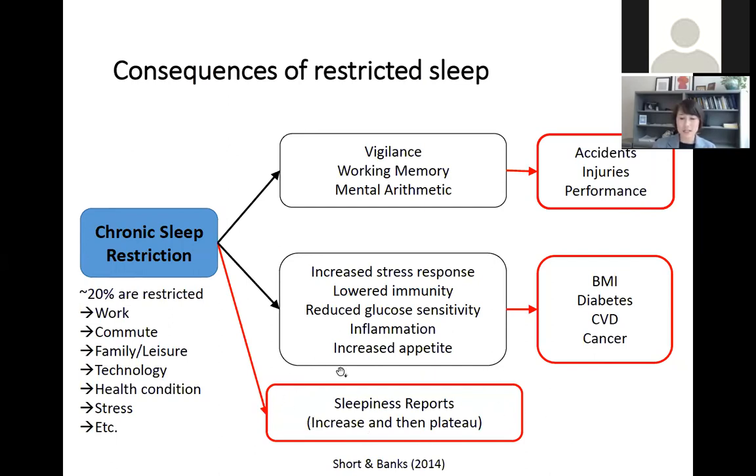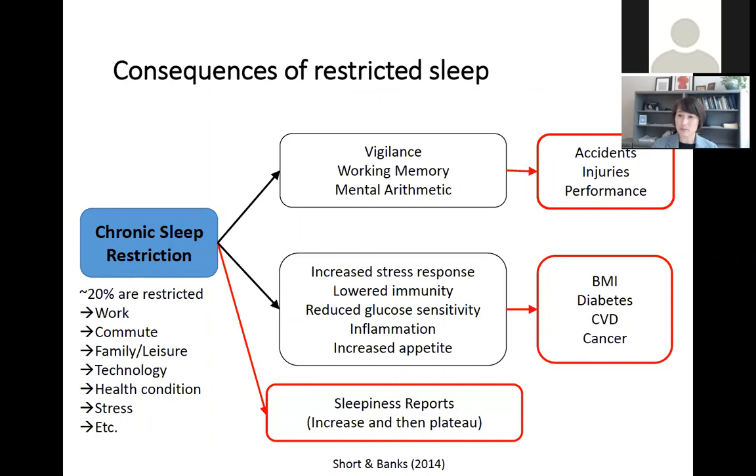Now, I put this here along the bottom. An interesting thing to note is that even though chronic sleep restriction results in all of these detrimental outcomes, people are not good judges of how much sleep they need. Laboratory experimental studies have shown this, including some really important, interesting work by Hans Van Dongen.